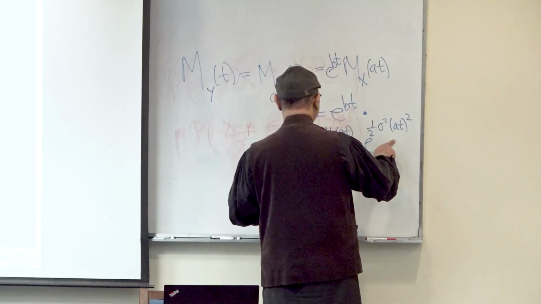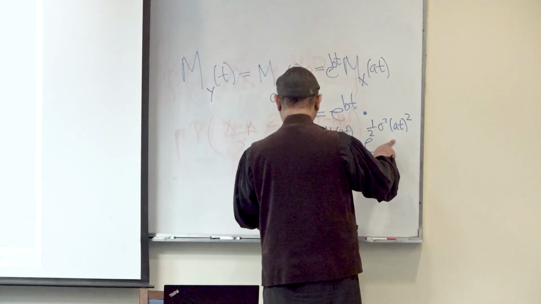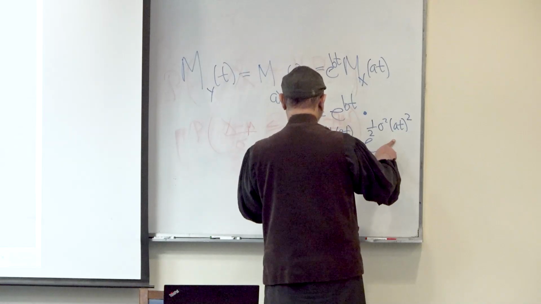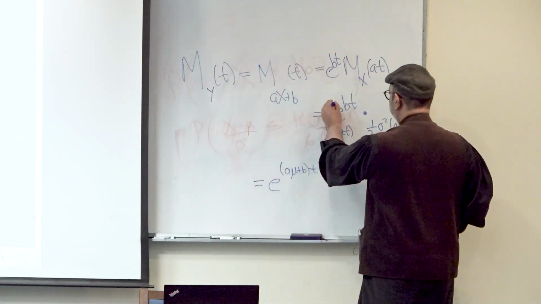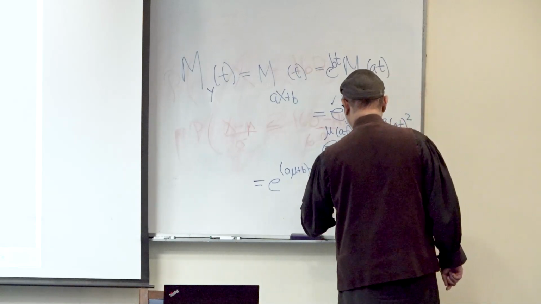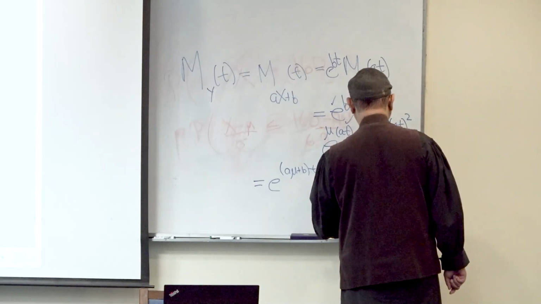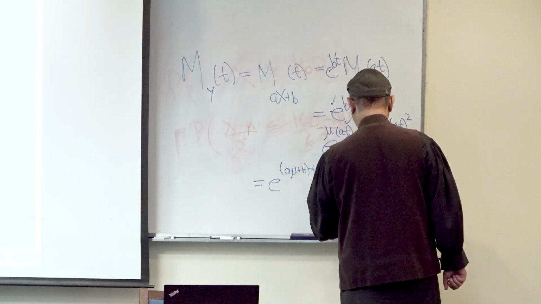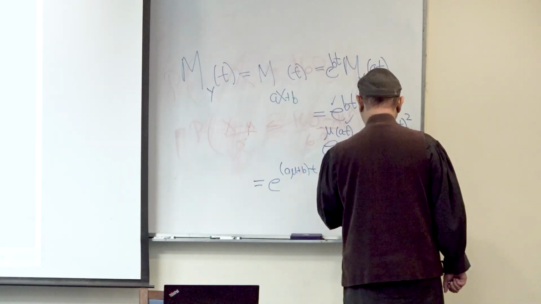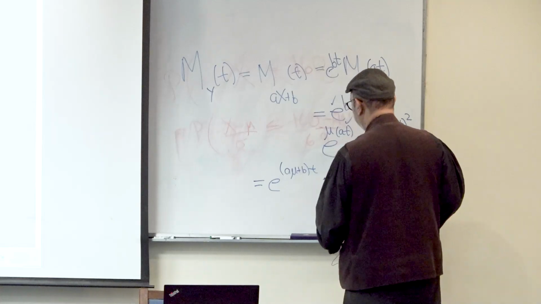That's e to the a mu plus b t, right, these two terms here, times e to the 1/2 a squared sigma squared t squared.